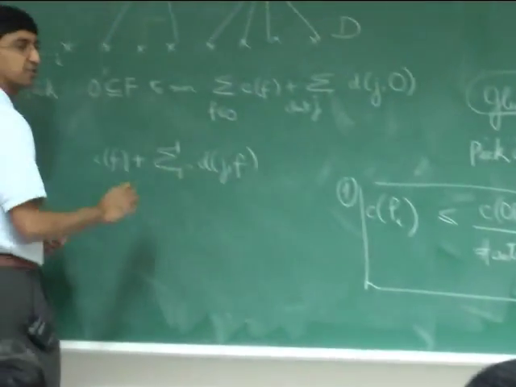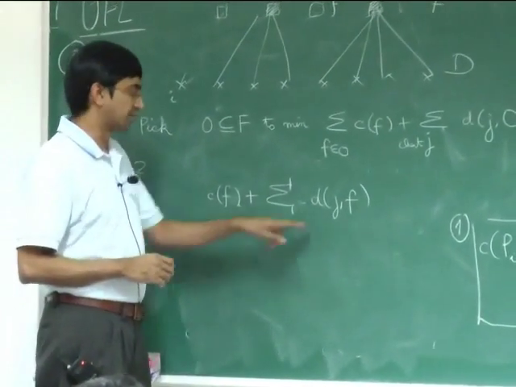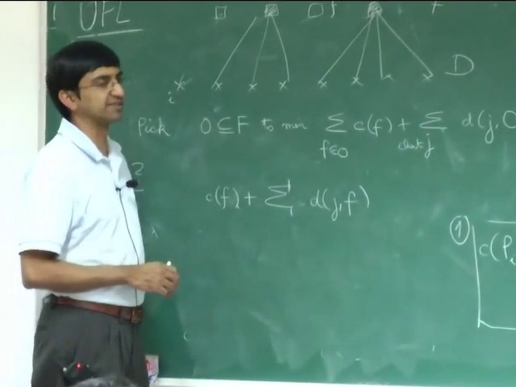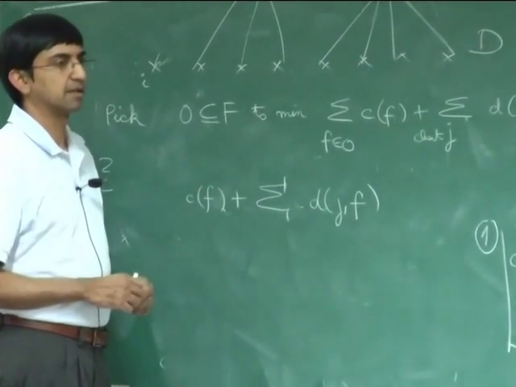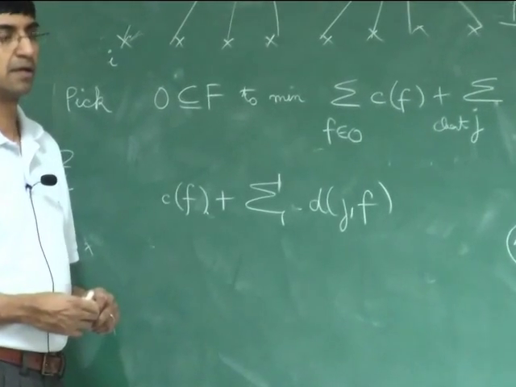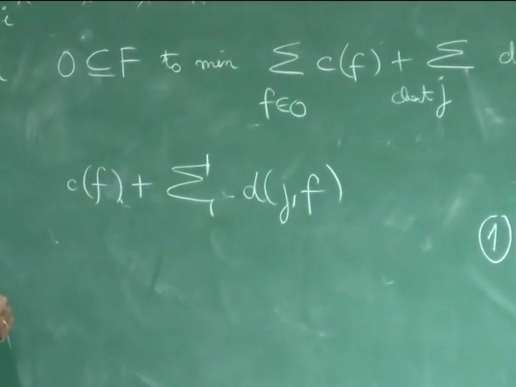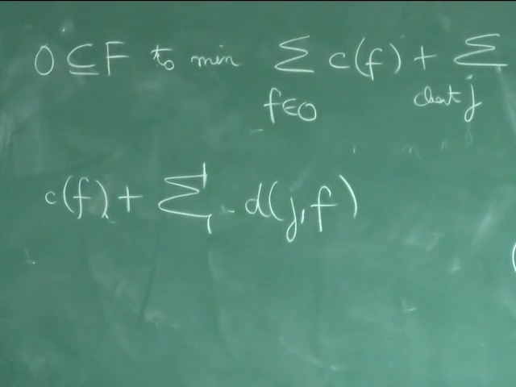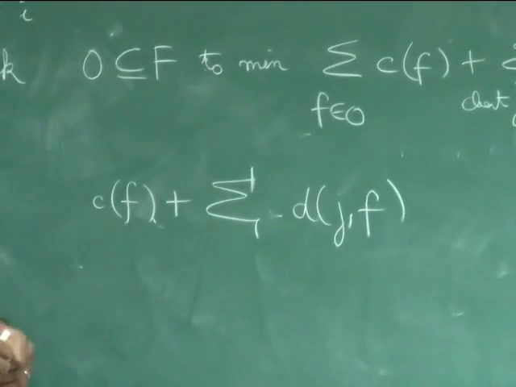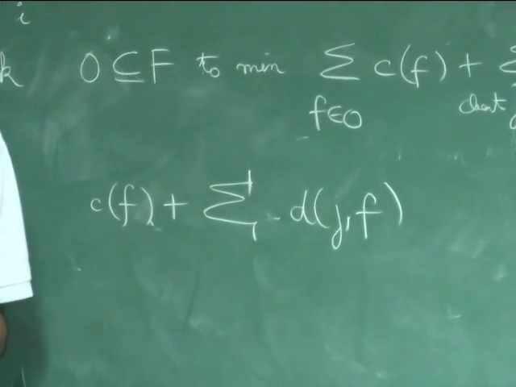So the c of O. c prime of O is equal to c of O plus something equal d(j,O). What j's are you summing over? What are the j's you're summing over when you want to pick this facility? To begin with, you're the first facility, so what will be the j's you will sum over?